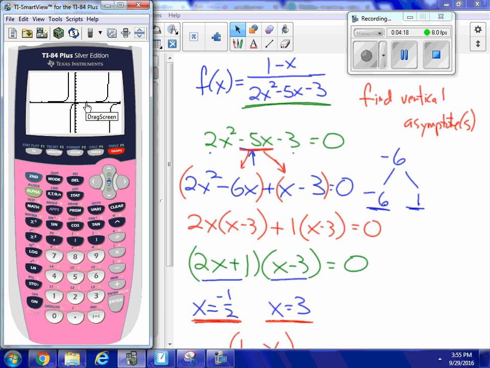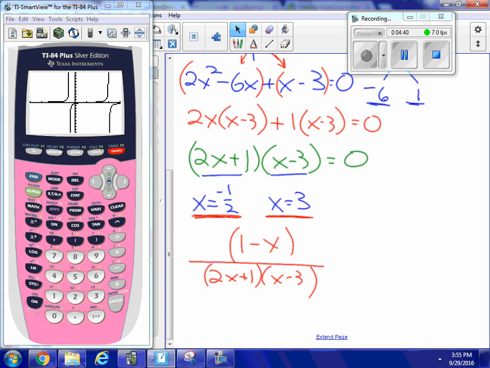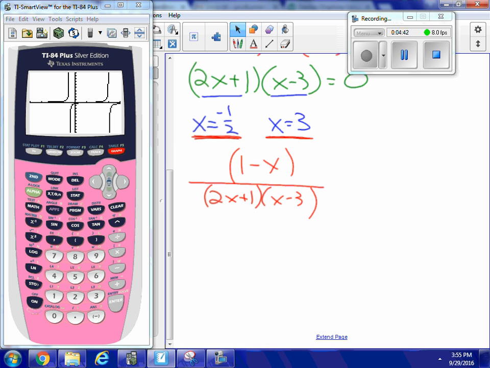Looking at my equation, I can see that I have a 0 where x equals 1, so it's definitely crossing the x-axis where x equals 1. But I have my vertical asymptotes at negative 1/2 and at 3. The next part of the question says, you should have found at least one vertical asymptote.